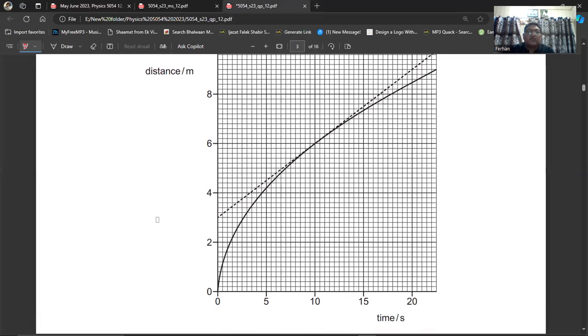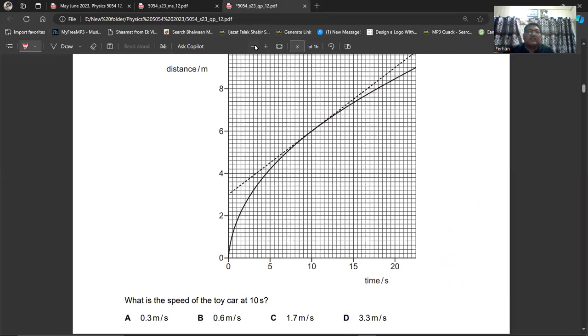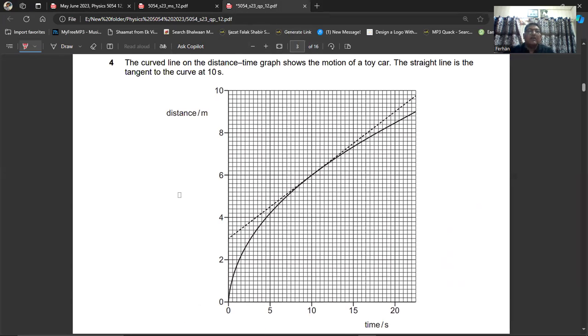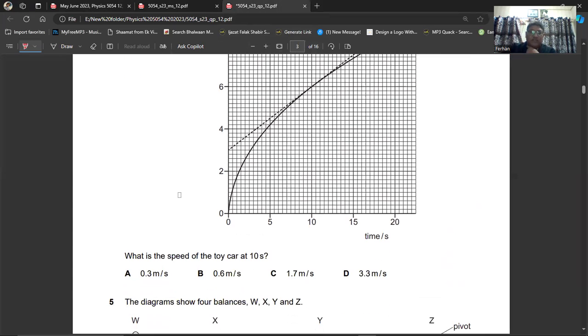Here we have a distance time graph, and in this graph the distance is on the y-axis, the time is on the x-axis, and it's a curve. When the time is 10, there we have drawn a tangent. And you know the tangent of the distance time graph represents speed. So it says, what is the speed of the toy car at 10 seconds?